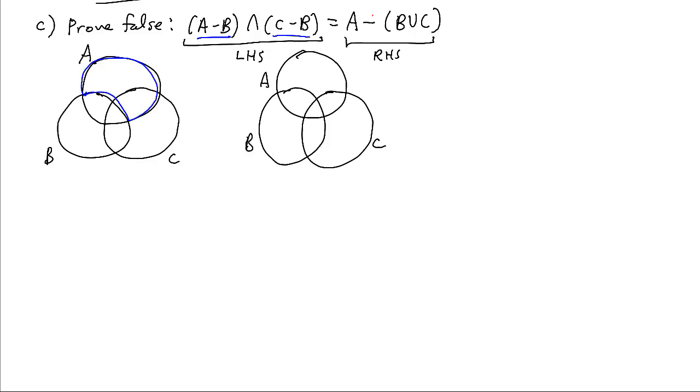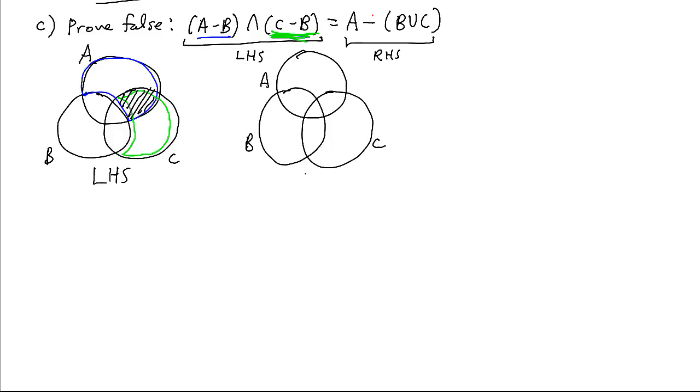C minus B is this one. I'm doing the intersection of those two, so I'm going to shade the intersection in black. It's this region where the blue and the green overlap. Now I'm going to go to the right-hand side. So this is the left-hand side.